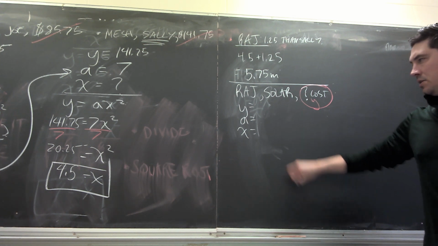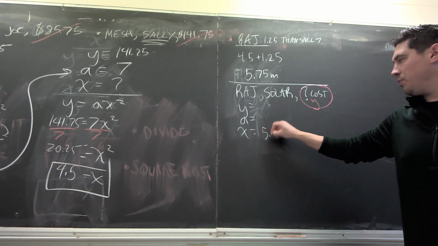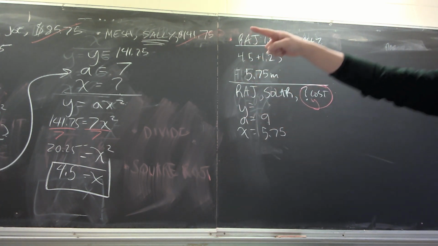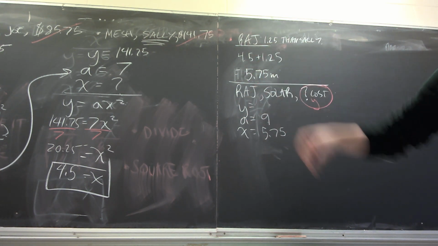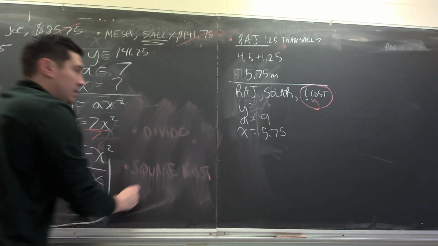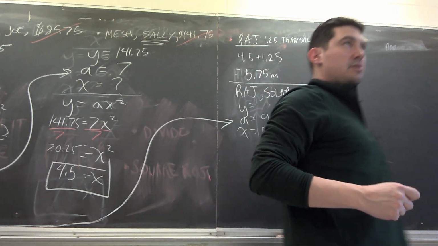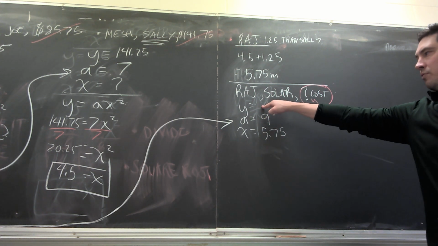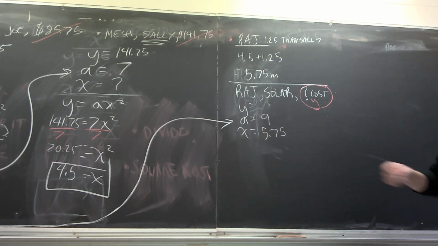The size of Raj's pool is 5.75. The A is still 9. That didn't change from the very beginning of the question. In that box all the way over here, A is equal to 9. It does not change. A is transferable.